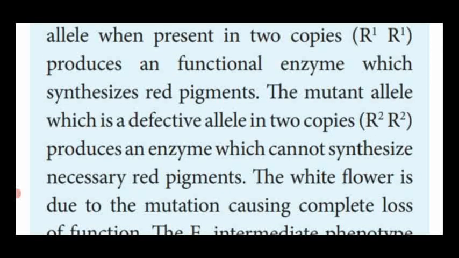The other one is the mutant allele. Mutant means a sudden change in the chromosomal activity and number, which is called a mutation. The mutant allele is always defective, it has some false characteristic feature. It also occurs in two copies, R2R2. It also produces the enzyme, but it is unable to synthesize the red color pigment.